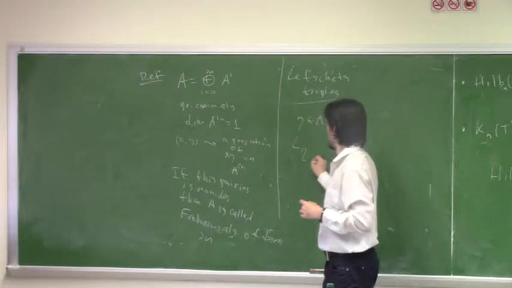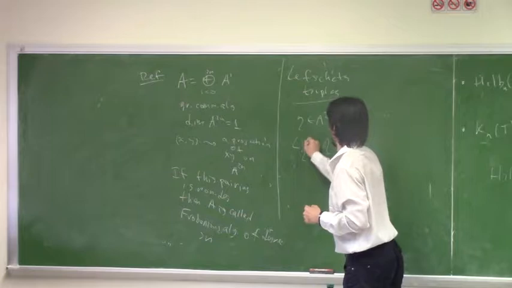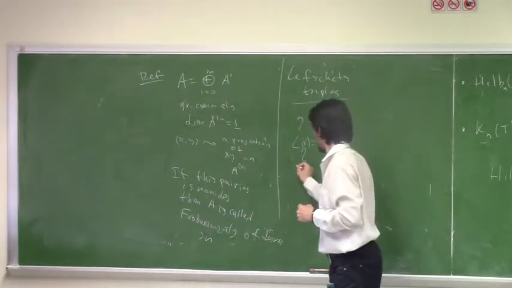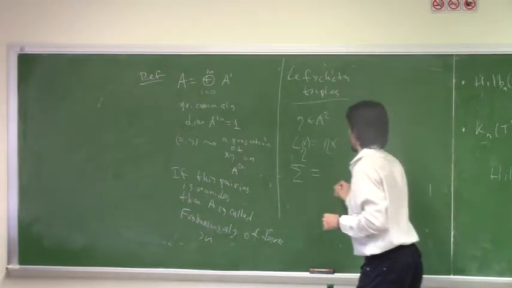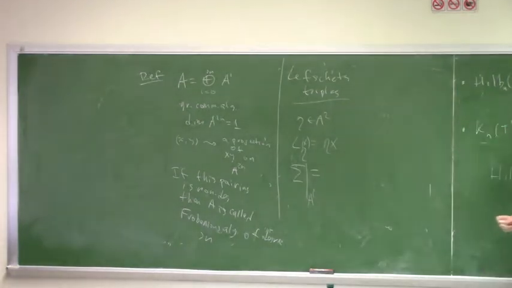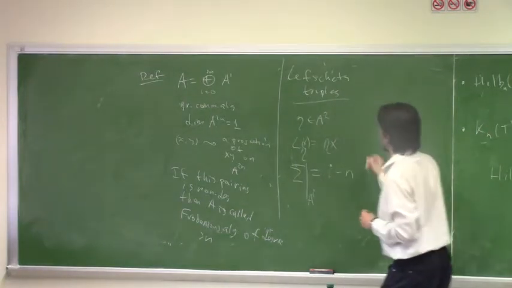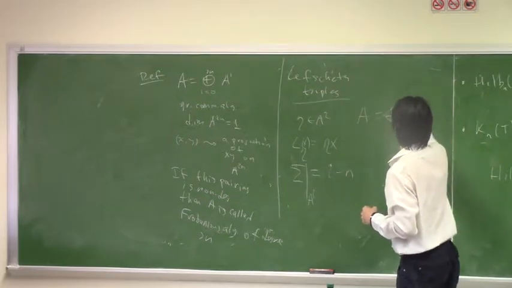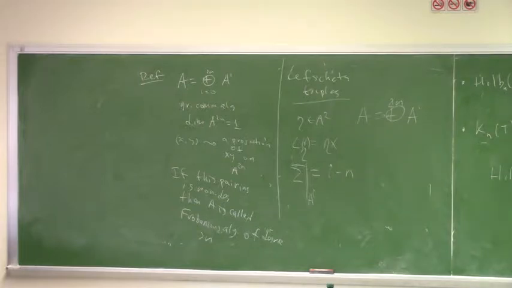The first one is e_eta, multiplication by eta. Then we have sigma, which restricted to an element of degree i is just multiplication by i minus n. Here the degree is 2n, so n is half of the dimension.